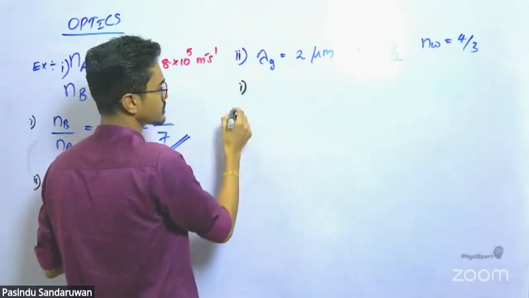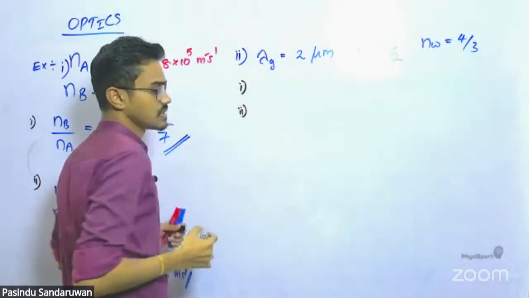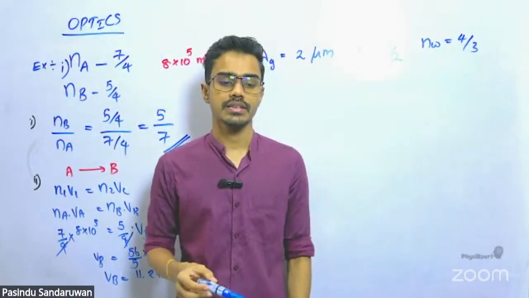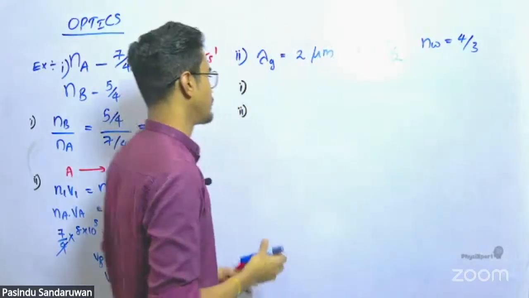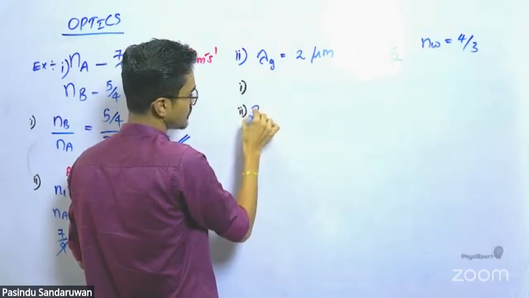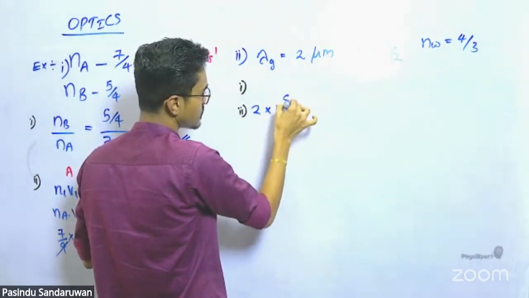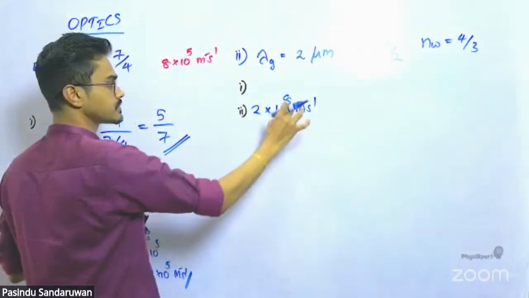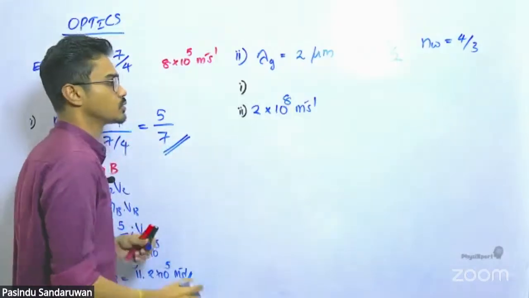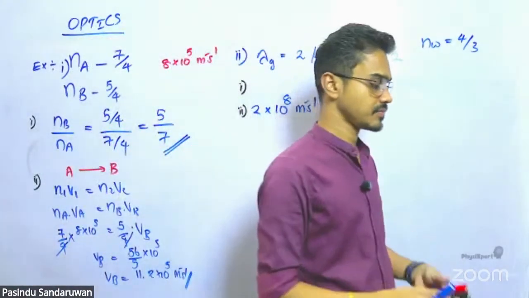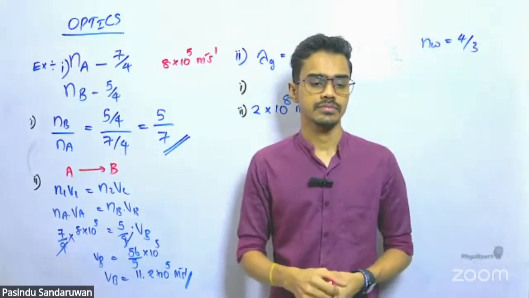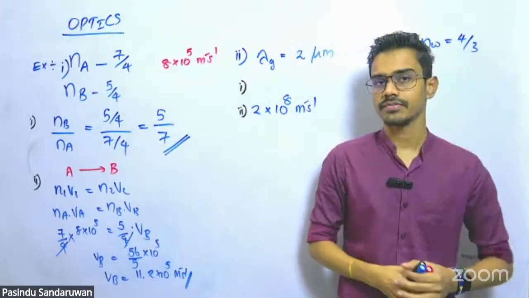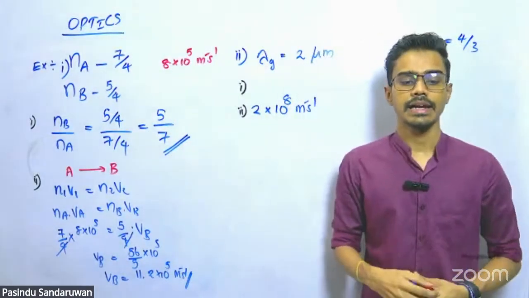And second one, if the velocity in water is 2 times 10 to the power 8 ms minus 1, the frequency of the light ray.